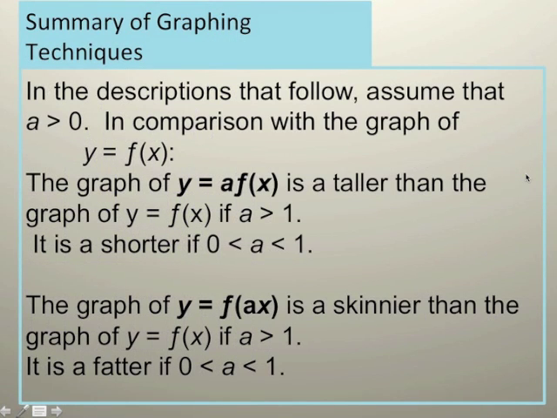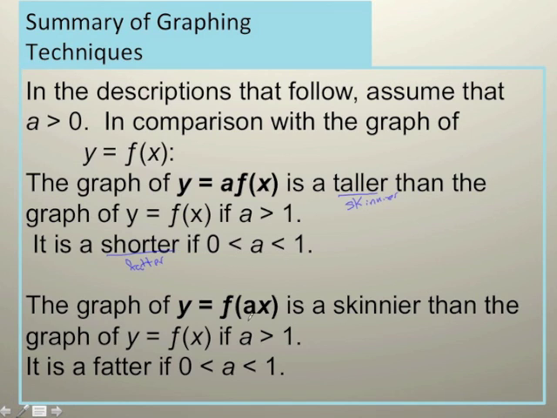Now, what they do sometimes, these really have the same effect. If a is positive and greater than 1, if you take it times the function, it gets taller or skinnier. If a is between 0 and 1, it's still positive, but it's shorter or fatter.